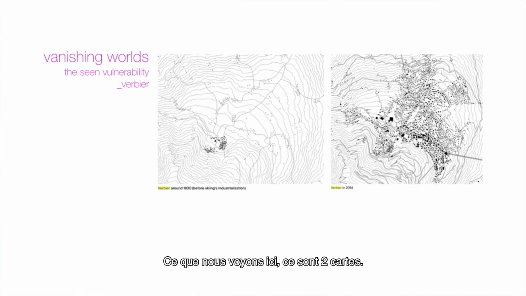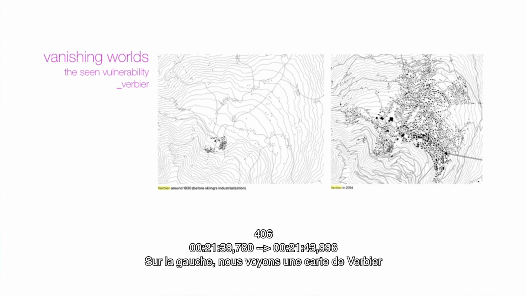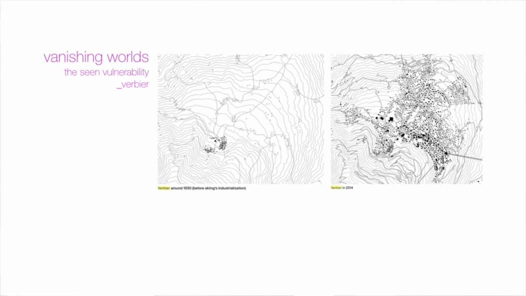Now, bringing the circle to Verbier, what we see here are two maps basically. On the left hand, we see a map of Verbier from around the 30s, basically before the industrialization in the Valais really took part. And on the right hand, that's the same map with all the numerous chalets and hotels as we have them today in Verbier.